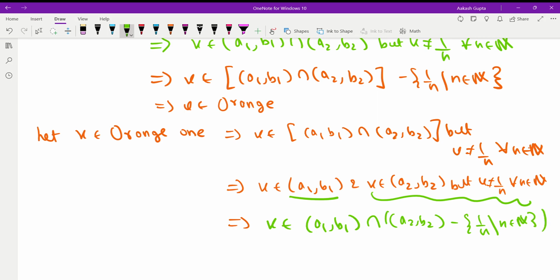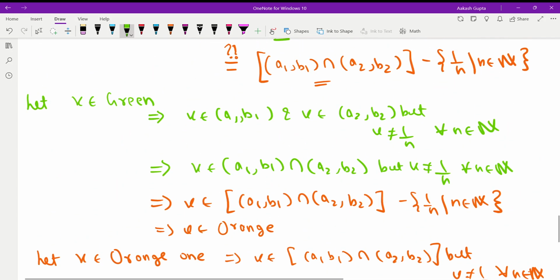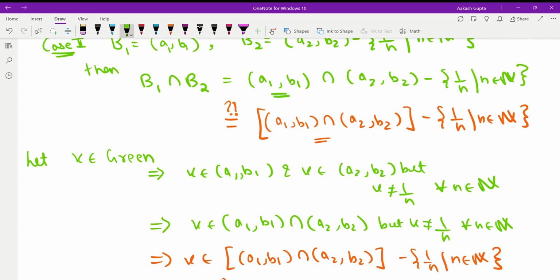Right, guys? So you see, what is the form of B1 intersection B2? Again, a member like this, because you know, the intersection of two open intervals is an open interval only. We have seen above.